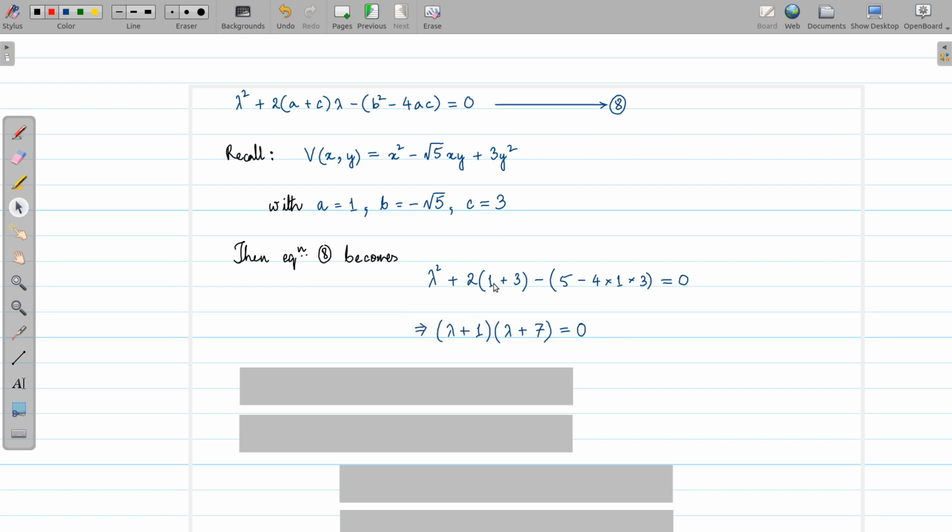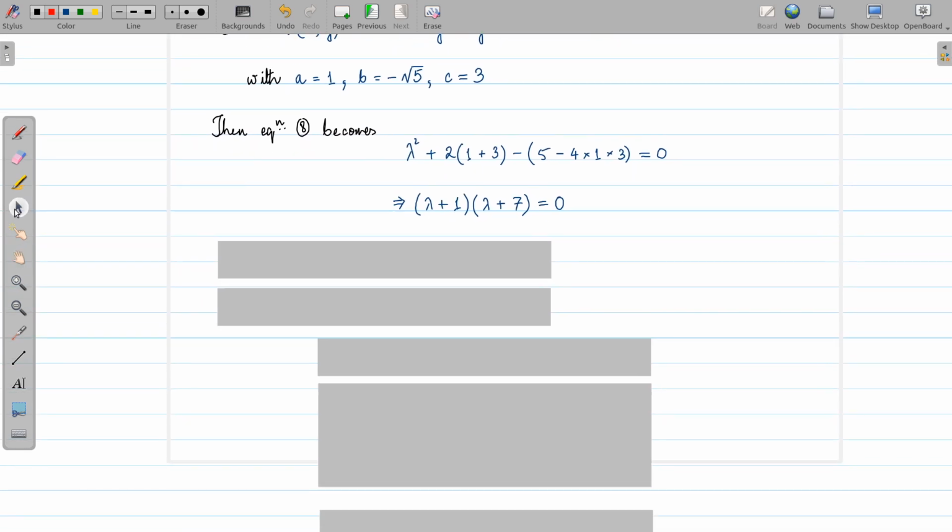You can factorize this as lambda plus 1 into lambda plus 7. So this gives us the eigenvalues. The eigenvalues are minus 1 and minus 7. So why are we not surprised? Because this is a prediction that we already made. The prediction was that both the eigenvalues should turn out to be negative.